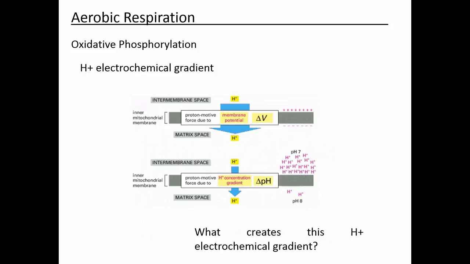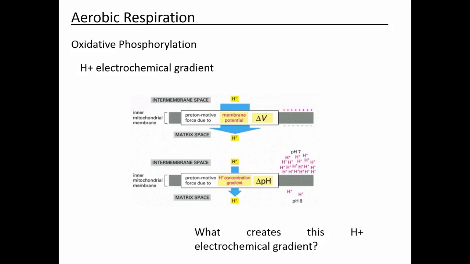Okay, and then you have a hydrogen ion electrochemical gradient, which, if you remember from membrane function, structure, and transport, is the combination of a membrane potential and a concentration gradient. And this electrochemical gradient exists across the inner membrane.